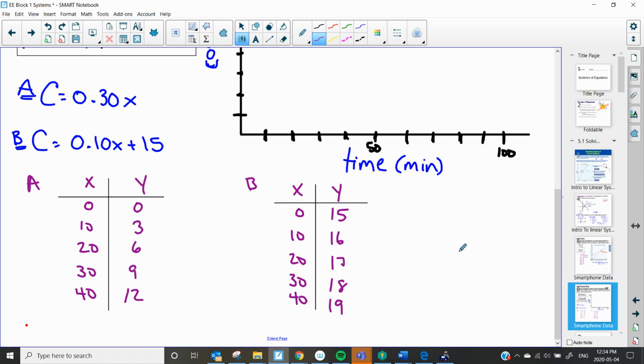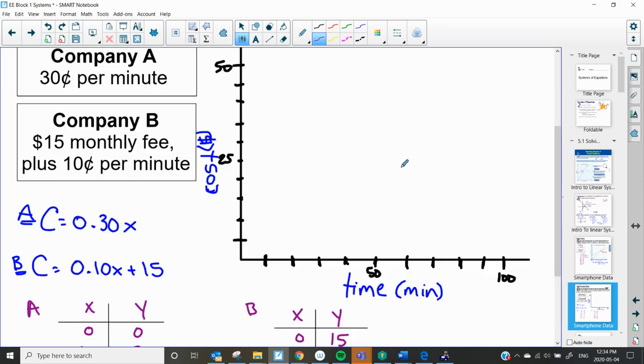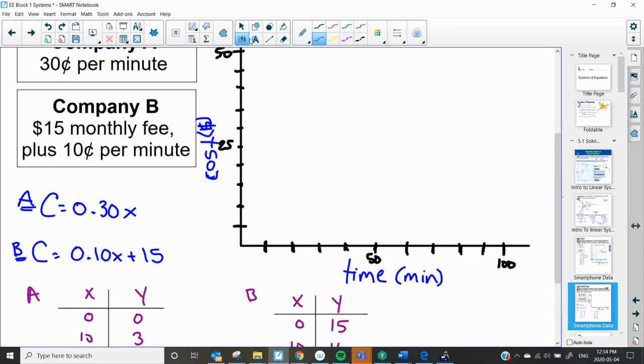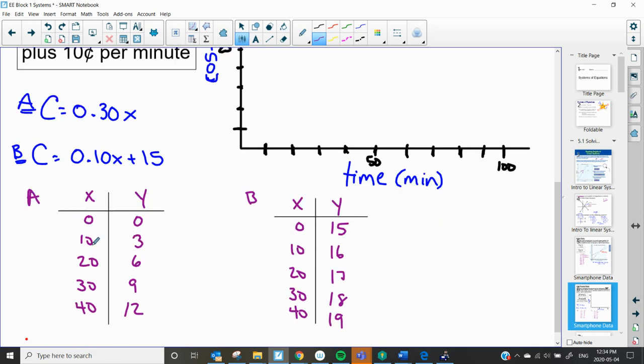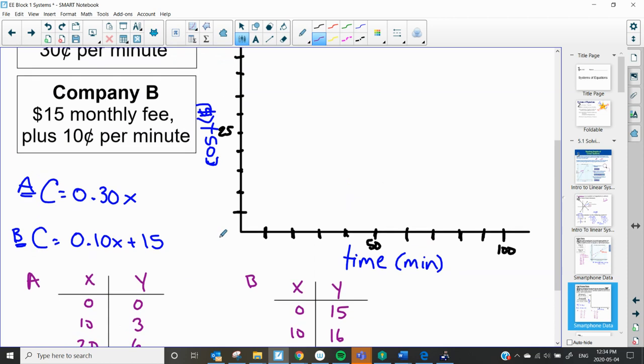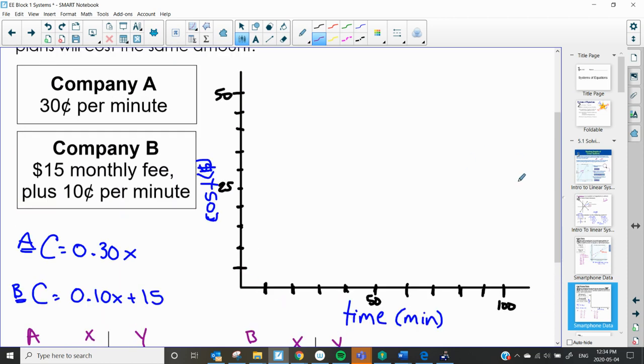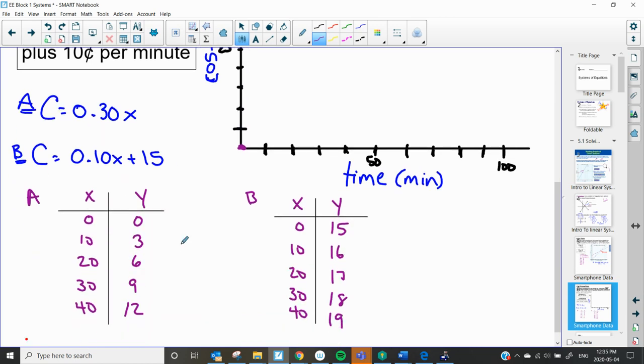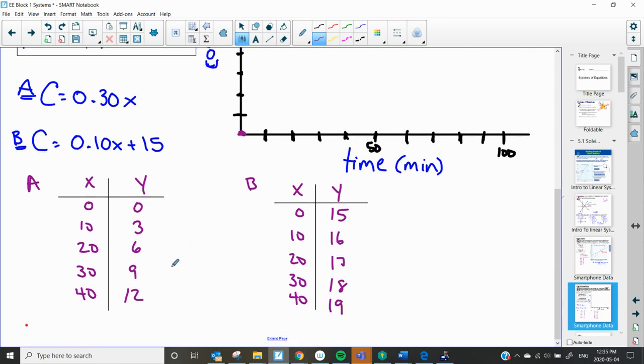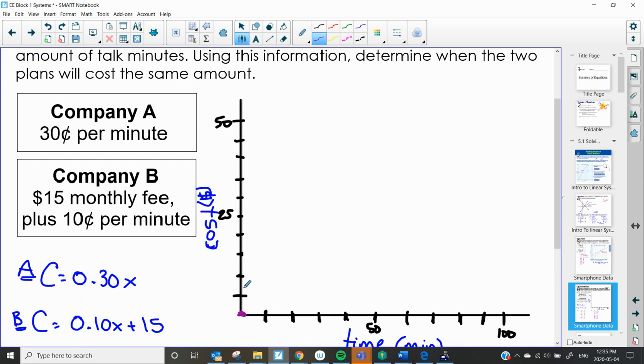Okay. Now looking at the data, we don't actually have an intersection point yet, but we can plot these points and go from there. So the first one, I have 0, 0 and 40, 12. So 0, 0 is down here. And 40, 5, 10, 15, 20. 12, I'll have to kind of estimate a little bit here.